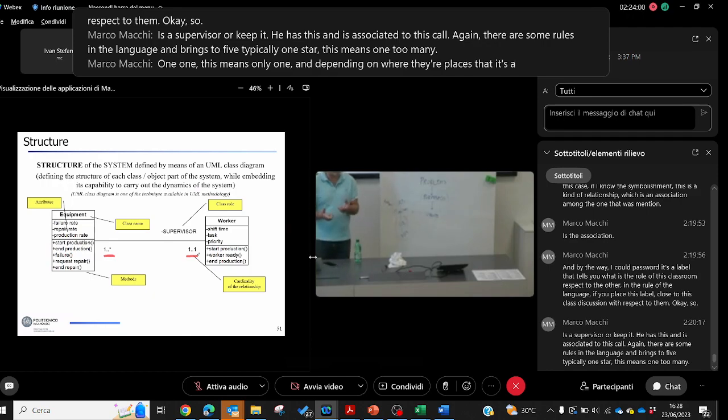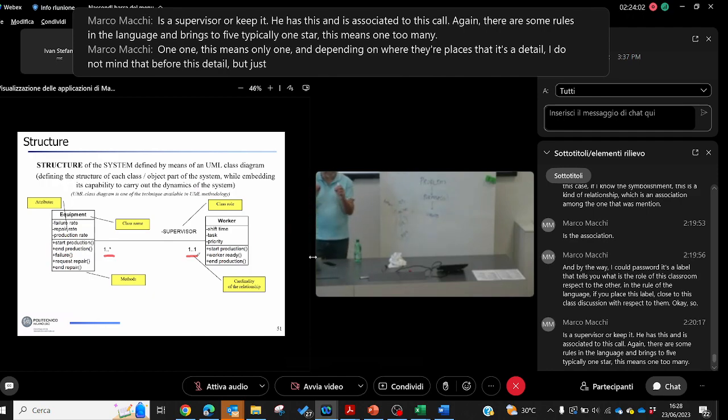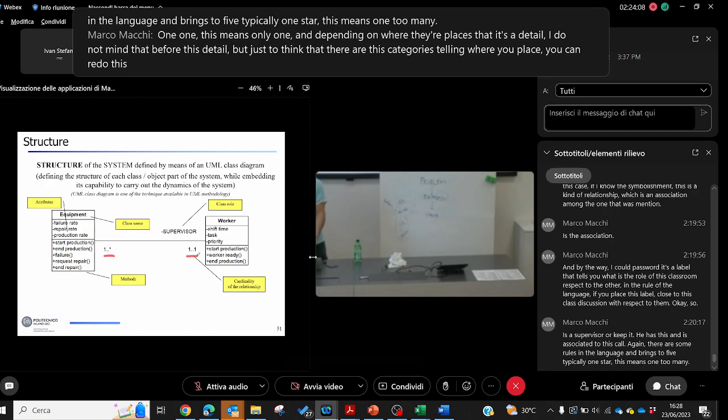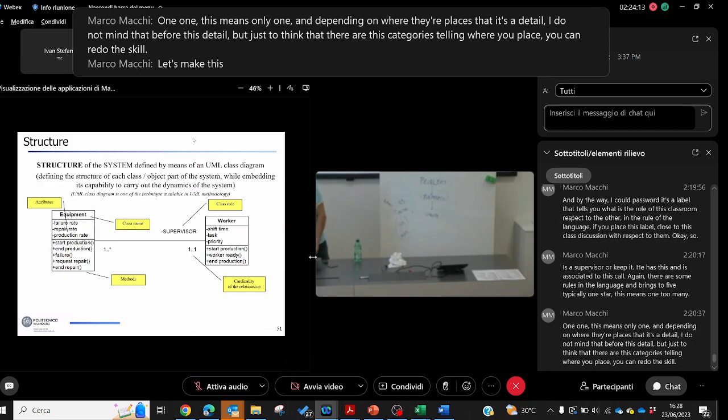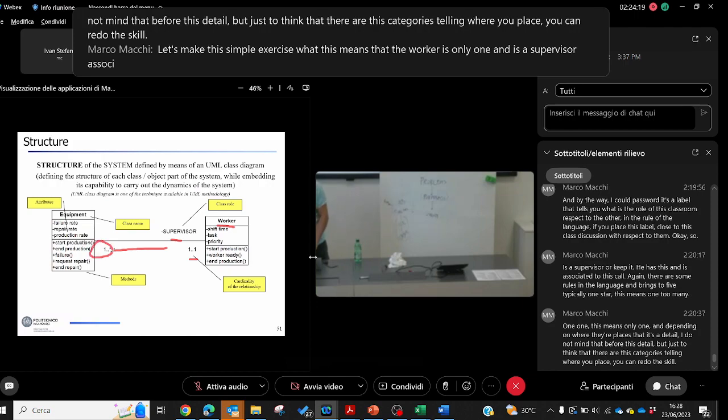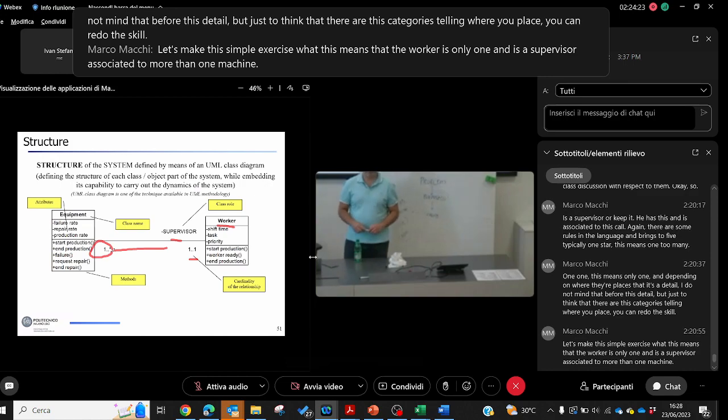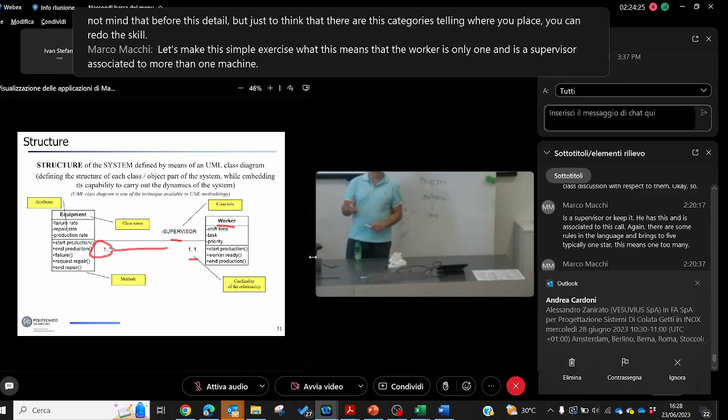I do not mind that you follow this detail, but just think that there are these kinds of rules. Depending on where you place these, you can read the scheme. Let's make this simple exercise. What does this mean? That the worker is only one and is a supervisor associated to more than one machine. That's the way you read this.